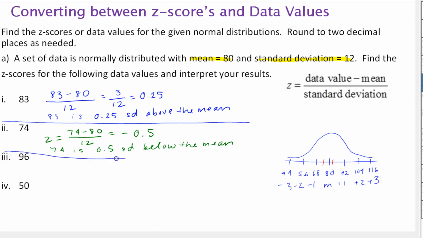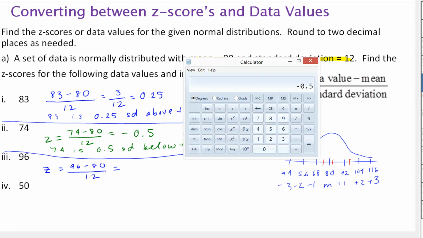Based on what we've done so far, where do you think 96 is going to be? Well, I know it's above the mean, so it's going to be positive. It's between 1 and 2 standard deviations. 96 lives in here somewhere. Now let's compute it exactly. So z equals 96 minus 80 over 12, and this is 16 over 12. We could do this by hand, but just for practice, since these are integers, they're turning out kind of nice. 96 minus 80 in parentheses, that's 16.